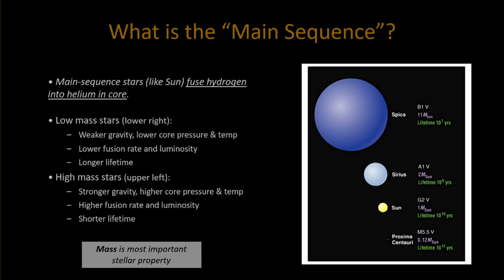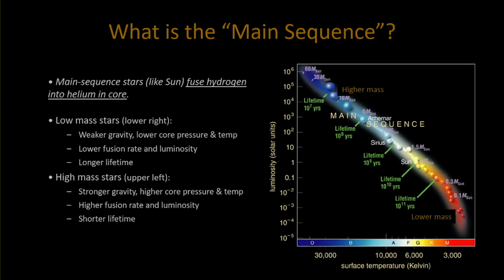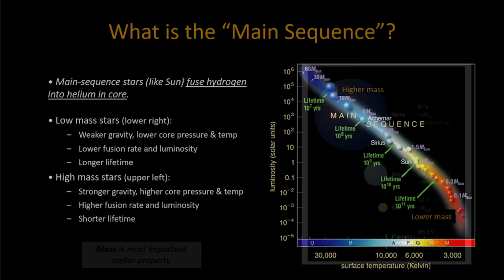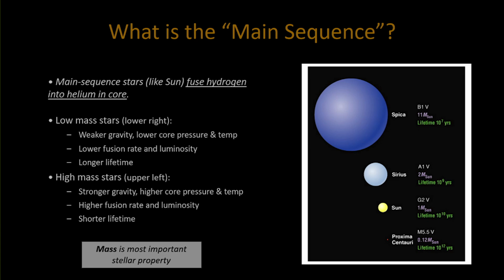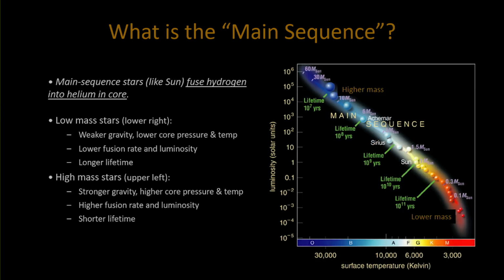It's an M-class star. That would be way over on the extreme lower right of the diagram. Very low luminosity, very small size. So it's very convenient, very useful for astronomers to pretty much always use the HR diagram in discussing stellar properties. Okay?